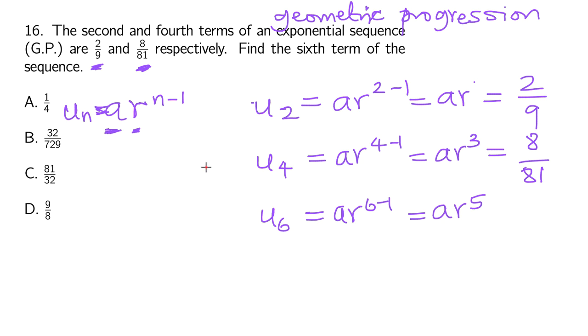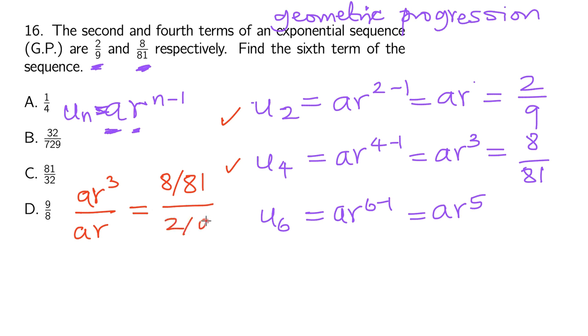we can divide this expression by this expression. So if you write ar to the third over ar, that's equal to what? That's equal to 8 over 81 over 2 over 9. And what do we get?